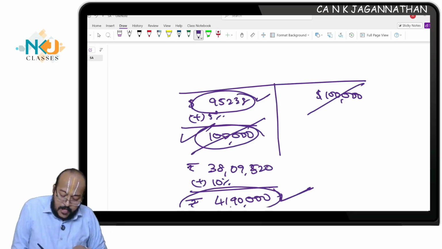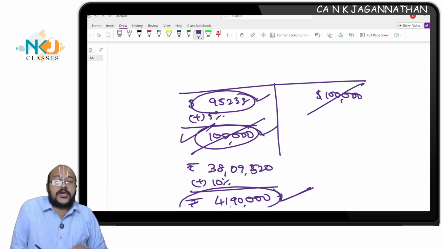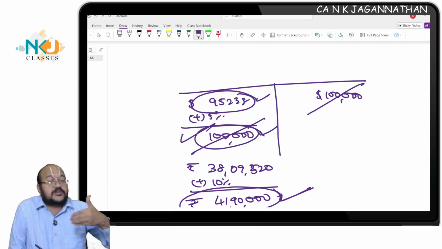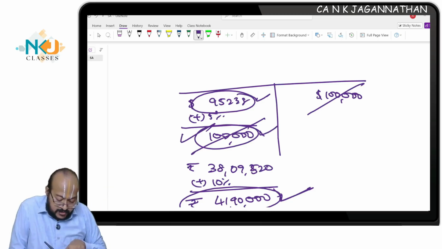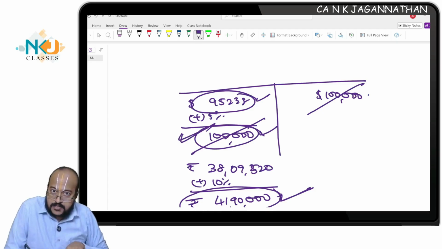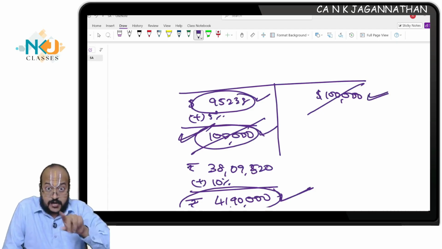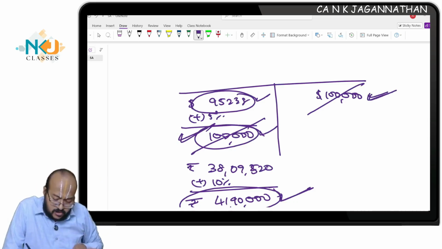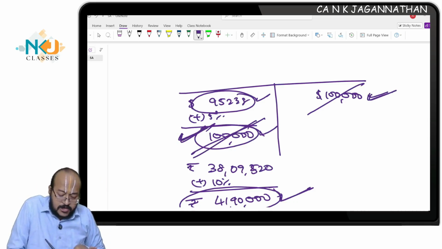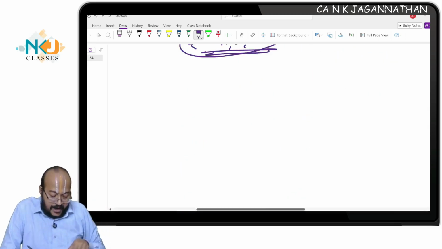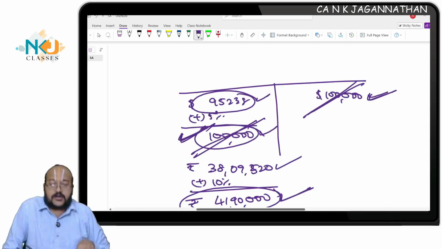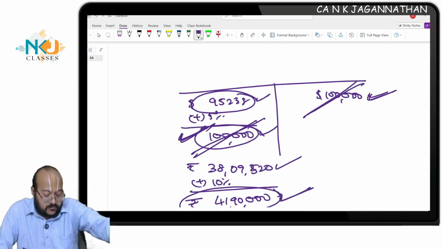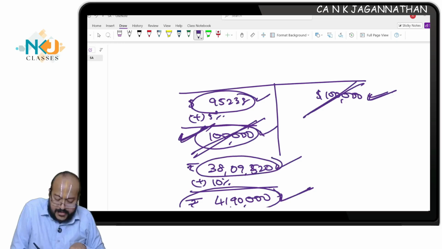So 1 lakh is a certain amount to be received after 1 year, as the maturity value of the borrowing. I don't know the rupee value of the dollar, but $1 lakh is certain. This is also certain. So these two get cancelled. When I convert using the spot rate, that is also certain: I convert today itself to 38 lakh 9,520.